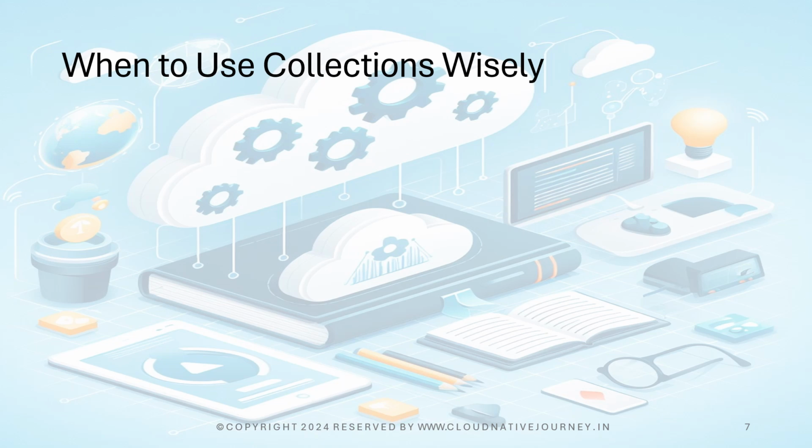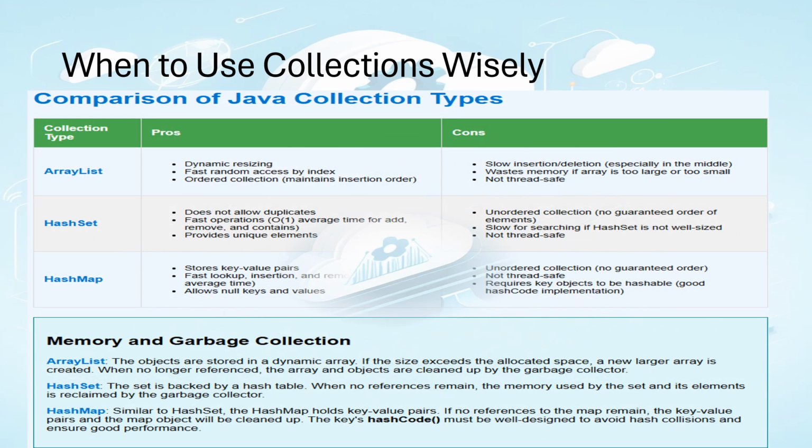So before we wrap up, remember that Java's collections are powerful, but it is crucial to use them wisely. Always clean up after you are done. Use efficient data structures and remember that not everything needs to be in a collection.